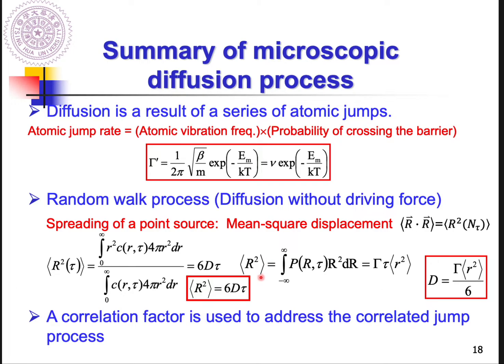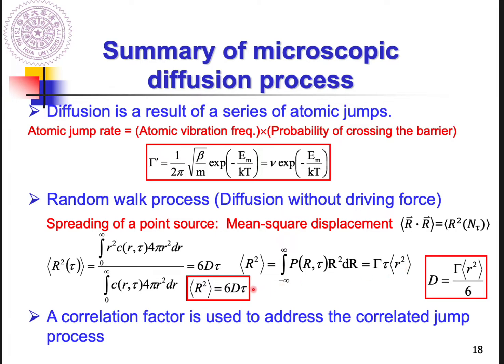After derivation based on the one-dimensional model, we get the mean square displacement equals the total jump rate times the diffusion time period tau and the mean square jump distance.